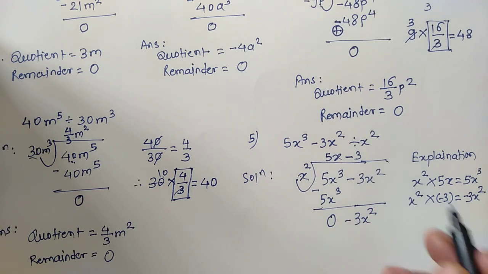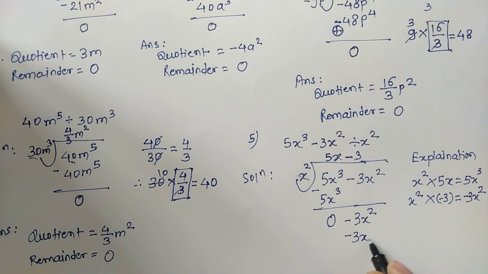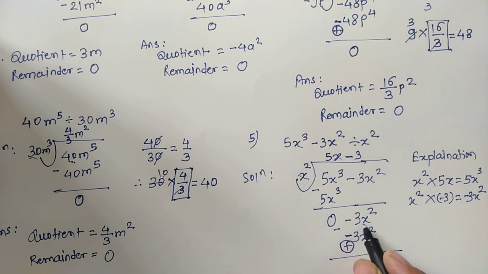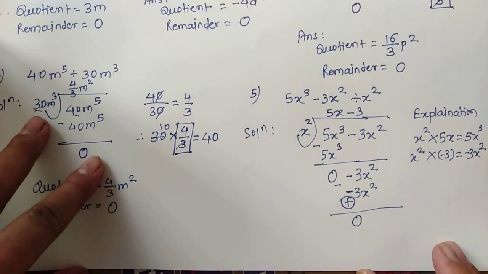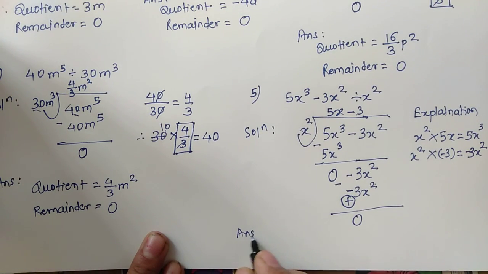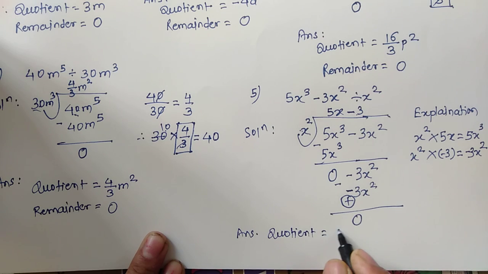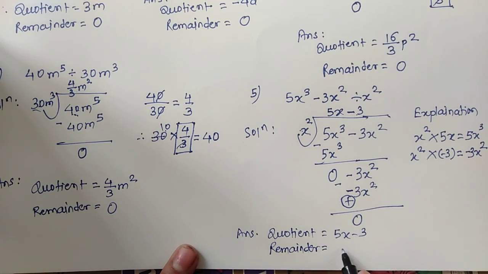So x square into minus 3 is minus thrice x square. Now take the subtraction here. So this minus becomes the plus. So minus thrice x square plus thrice x square is 0. Write down the answer. Quotient is equal to 5x minus 3 and remainder is equal to 0.